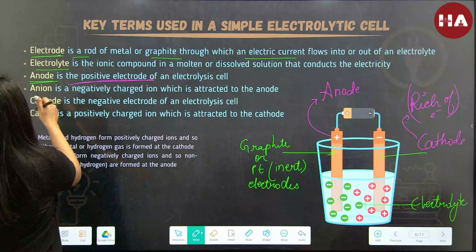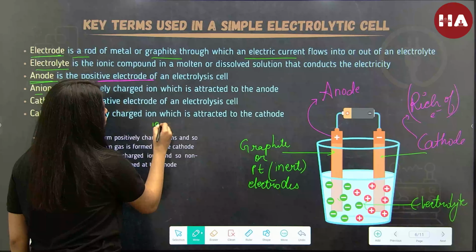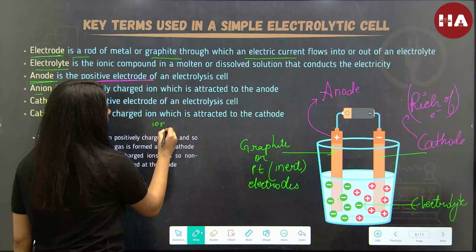Next is anion. Okay, so there are two types of ions. One is cation, another one is anion. Anion and cation, this we already know from our previous chapters. Cation is a positively charged ion, for example Cu2+ or Ag+, or I can say chromium.